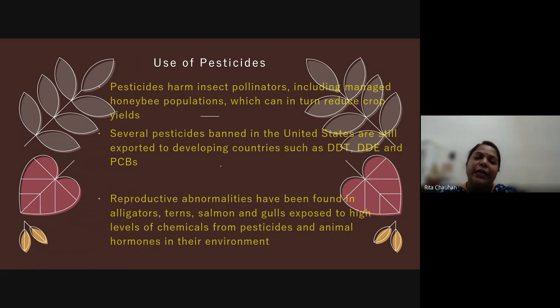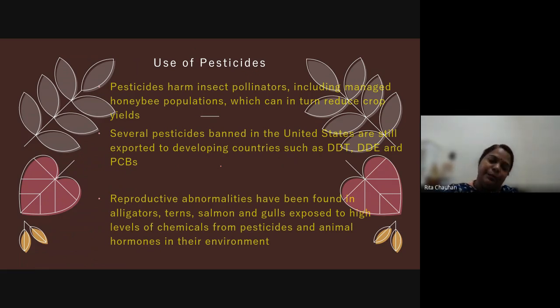It should not be that it is banned in one country and exported to another. This should not be there, but it is in practice and it is happening. Even in India, DDT and DDE are banned, but many farmers, because of lack of knowledge, are using them.